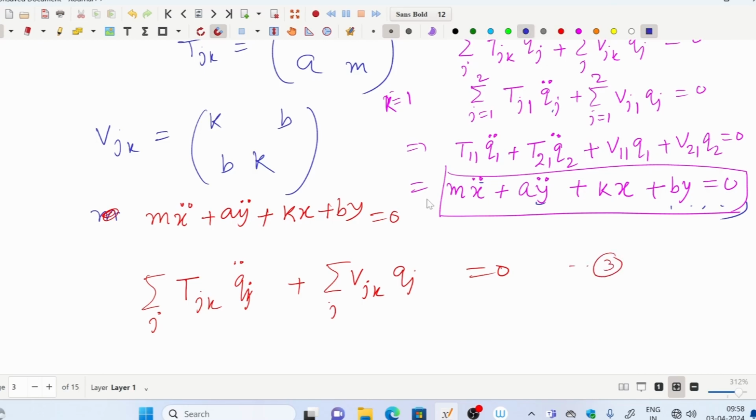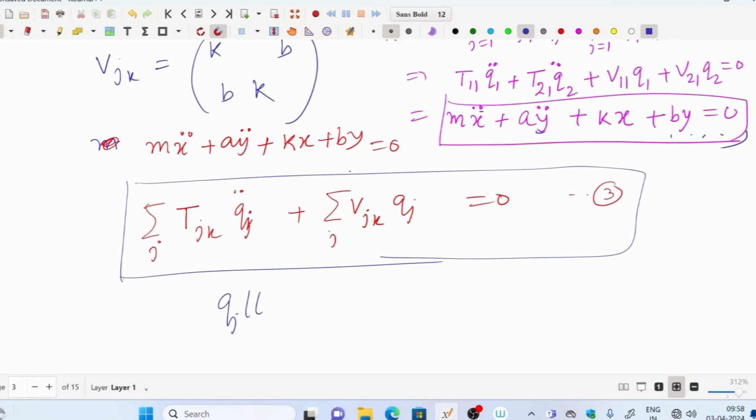Now, we know the motion is oscillatory. That is our starting point: we expect an oscillatory motion, simple harmonic motion, as we have shown for a one-dimensional system around the equilibrium.